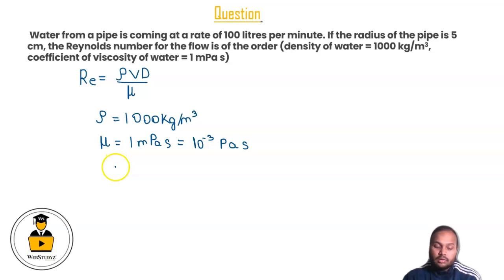Apart from that, here we don't have the velocity, we have the volume flow rate.